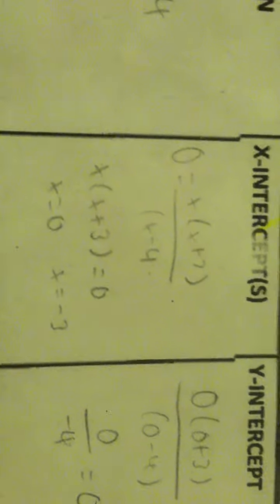And then the resulting points on the x-intercept would be 0, 0, which is the origin, and -3, 0, which would be here and here.